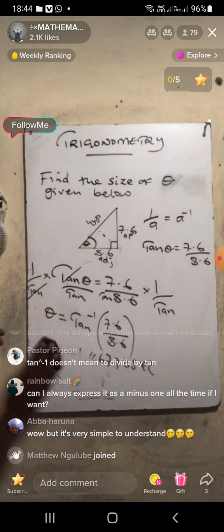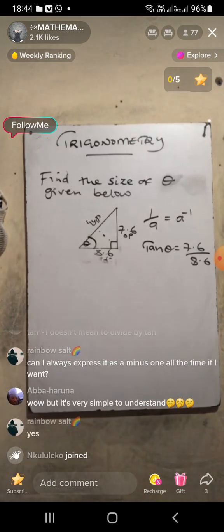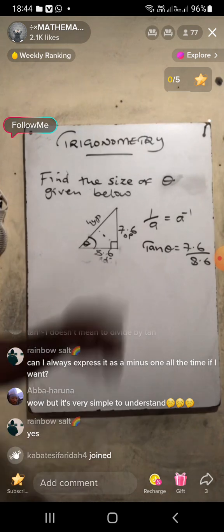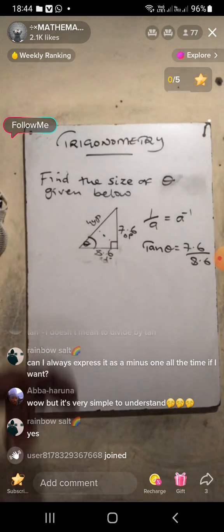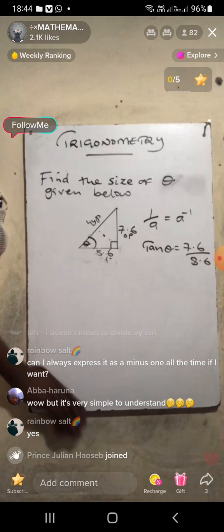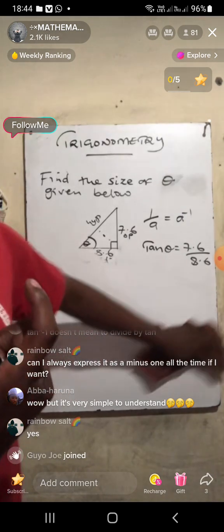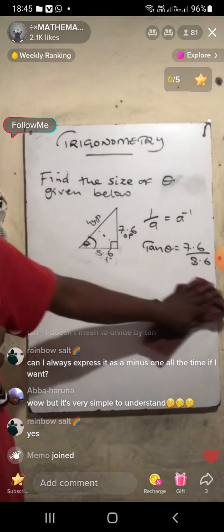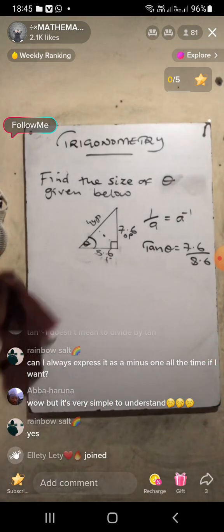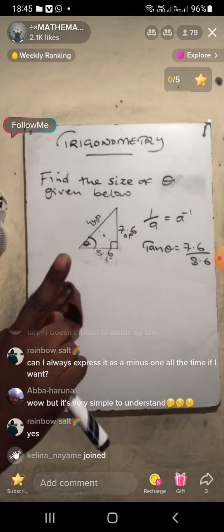Because look at this. Let me try to draw this. An inverse, okay? An inverse, and I'm now feeling sad because if you learned about indices, you understand what an inverse is. And I always feel so bad to where mathematics is tricky.